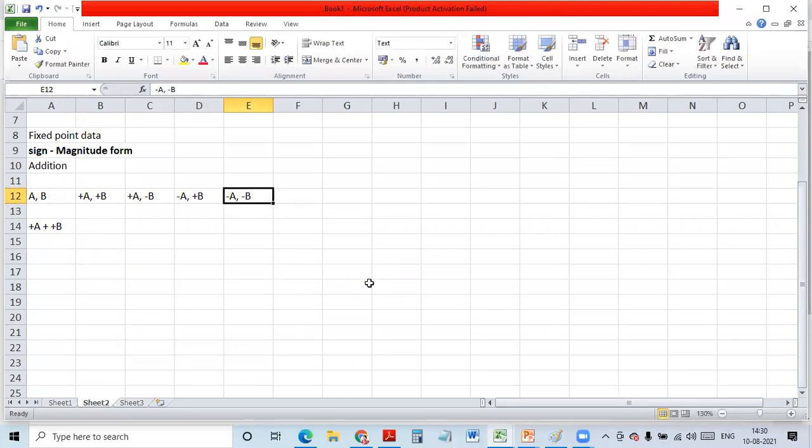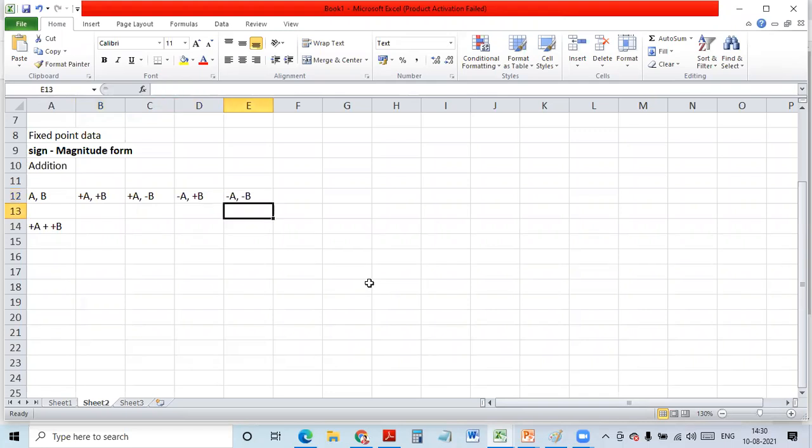Whenever I have two numbers on which I want to perform addition, the numbers can be both positive, or first positive and second negative, or first negative and second positive, or both negative.